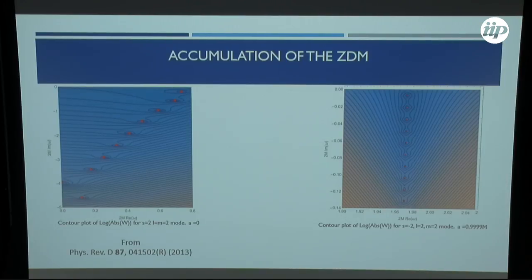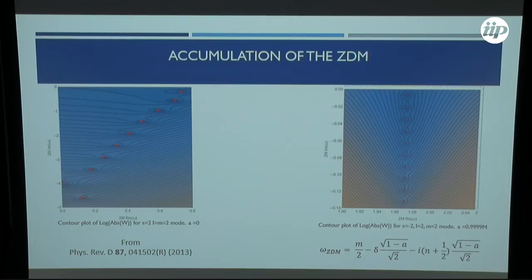So from the paper by Berti, we can see approximate relations for the zero-damping modes. What is happening here is that you have a roughly constant real part and a change in the imaginary part by a fixed amount, depending on the value of a.